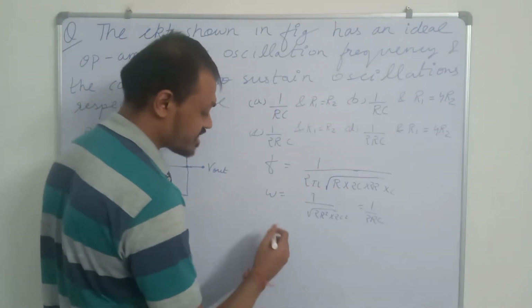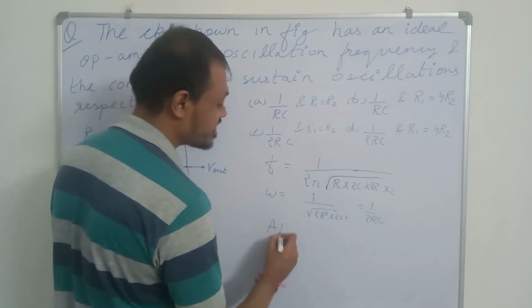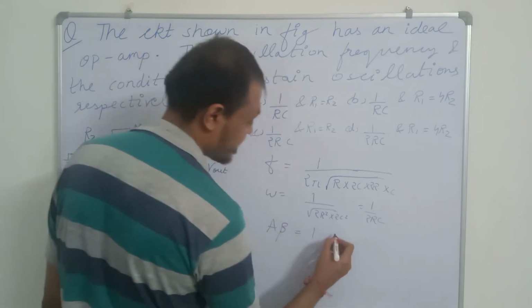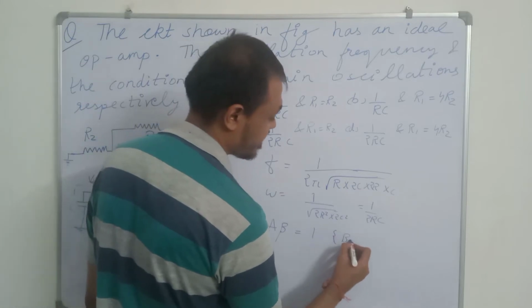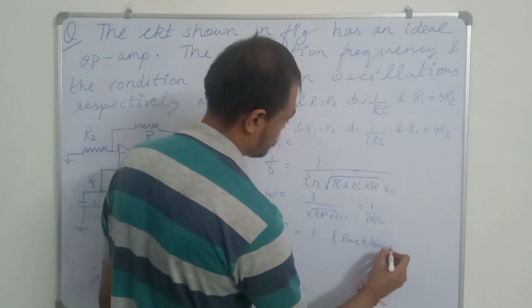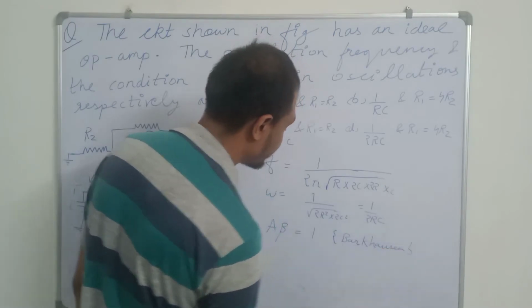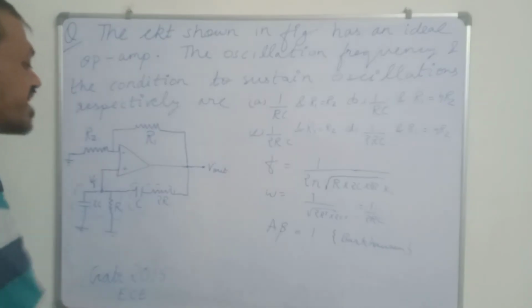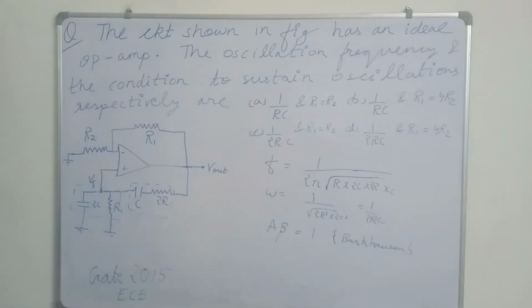The condition for sustained oscillation is A beta should be equal to 1, as per the Barkhausen criterion, where beta is the feedback factor and A is the gain of the op amp.